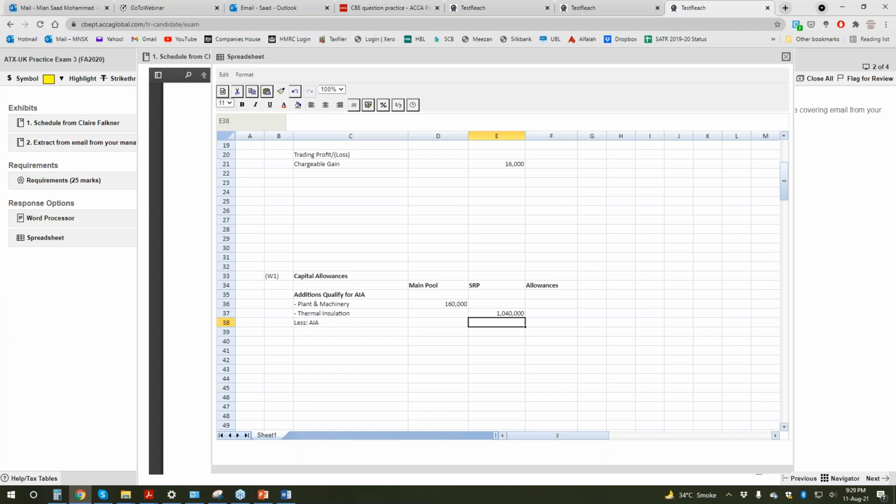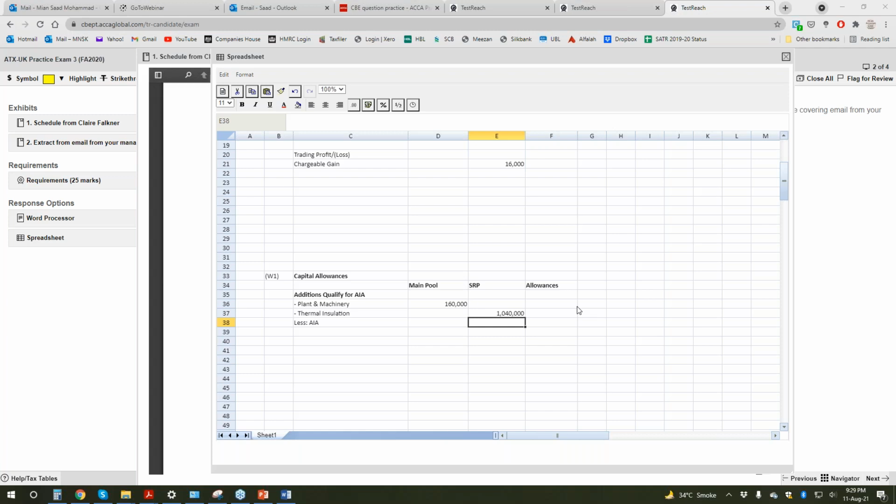And guys, you tell me, what is the most beneficial way to deduct the AIA? Shall I deduct it from SRP first or main pool? Answer me, SRP or main pool quickly. Okay, okay. More answers, please. SRP. All of you who are saying SRP are correct. Why?